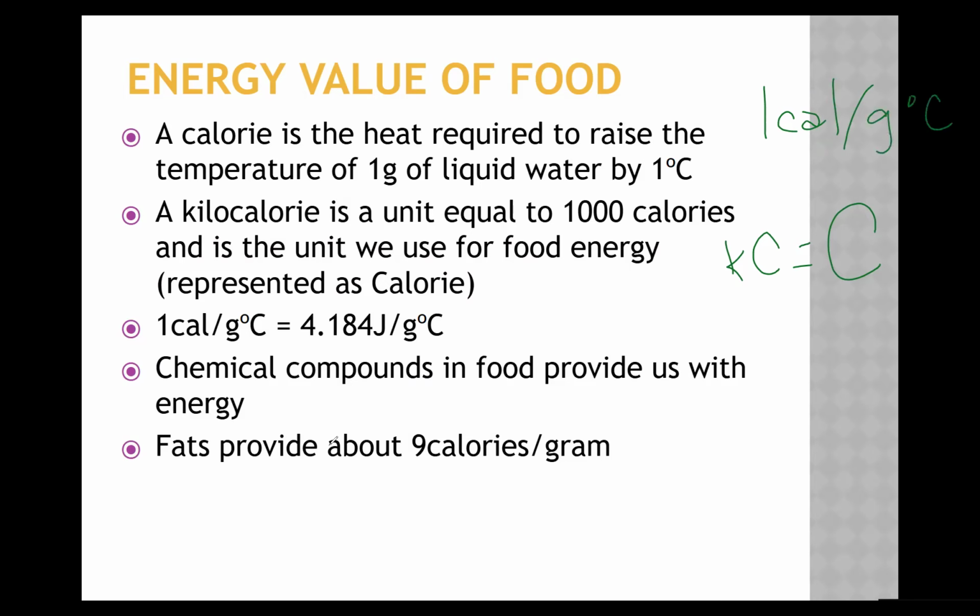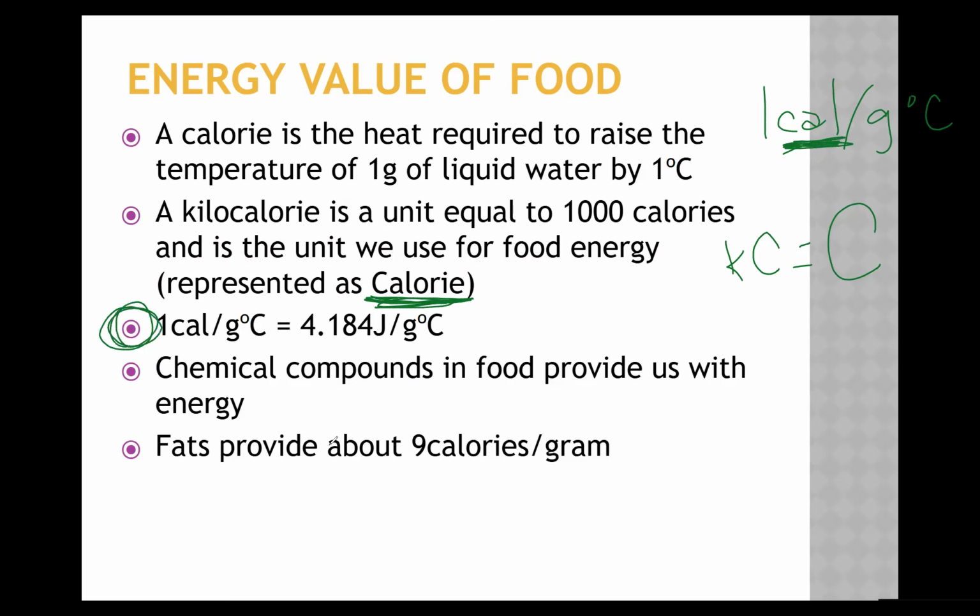So whenever you want to calculate the number of calories in food, keep in mind that you have to find the kilocalories. And that's why Calories is capitalized. It indicates the unit for food energy.